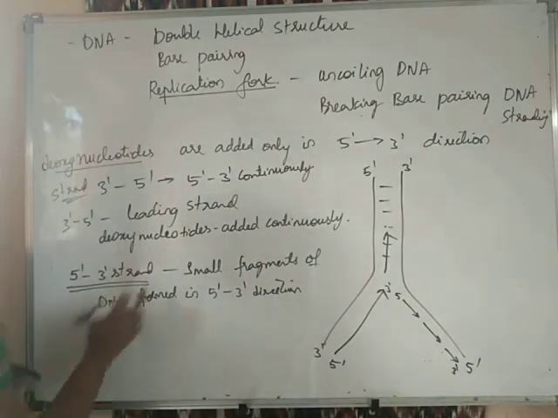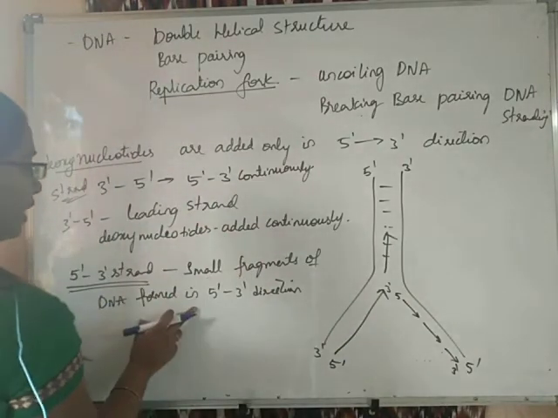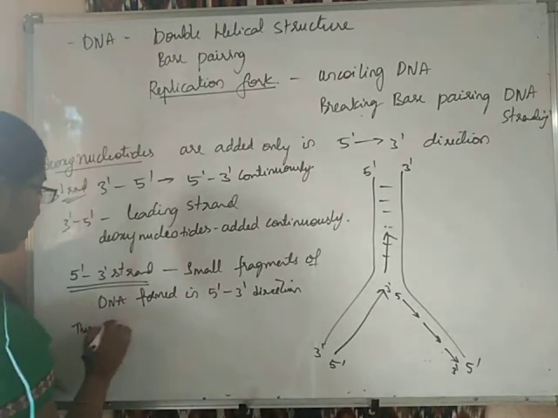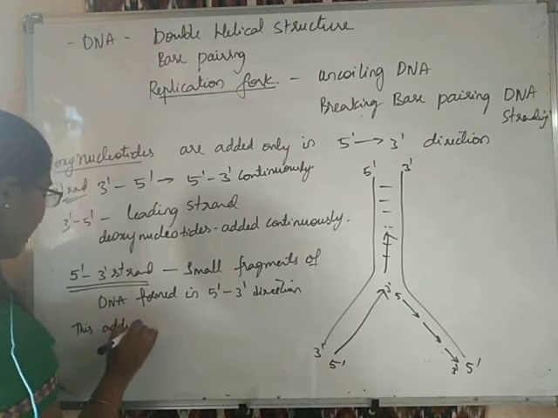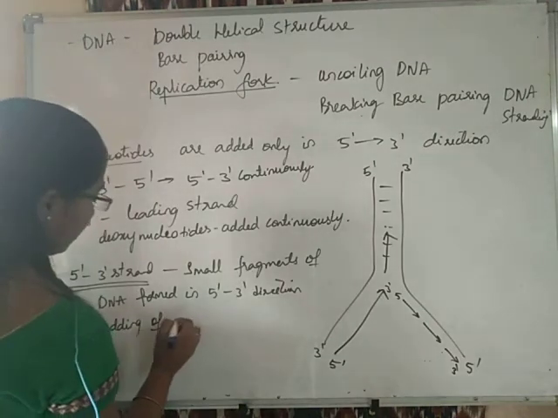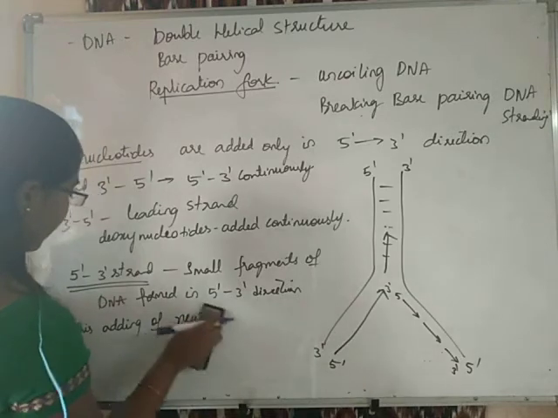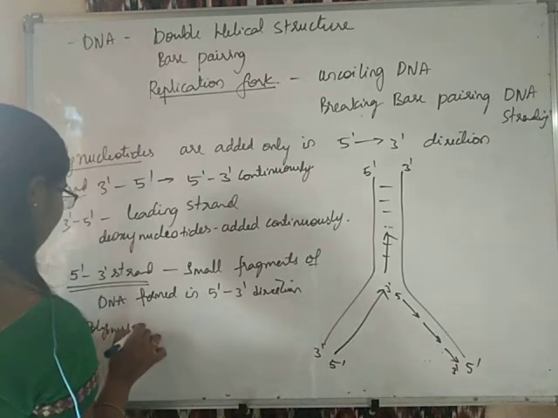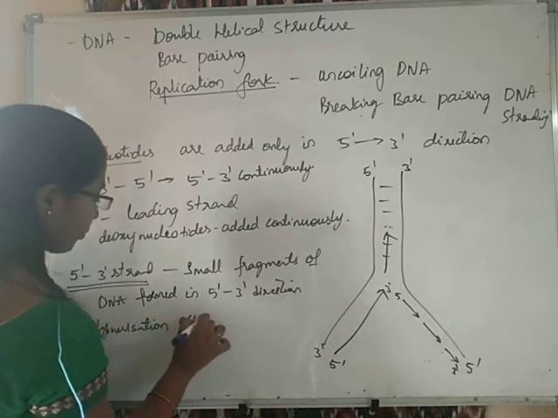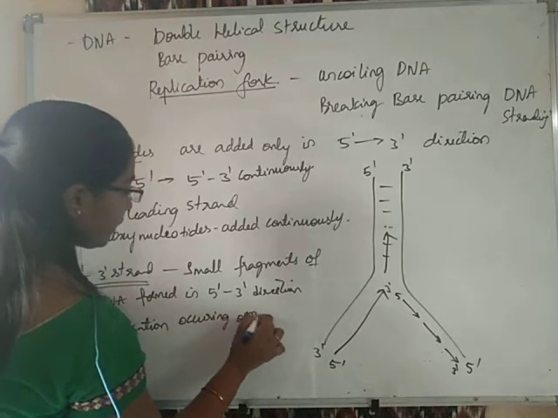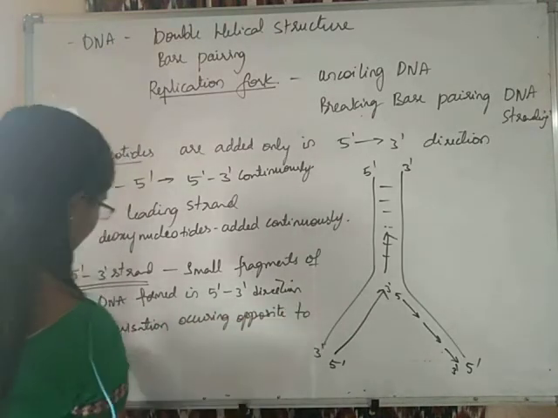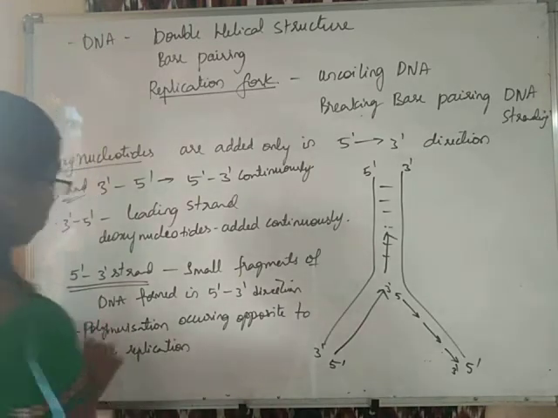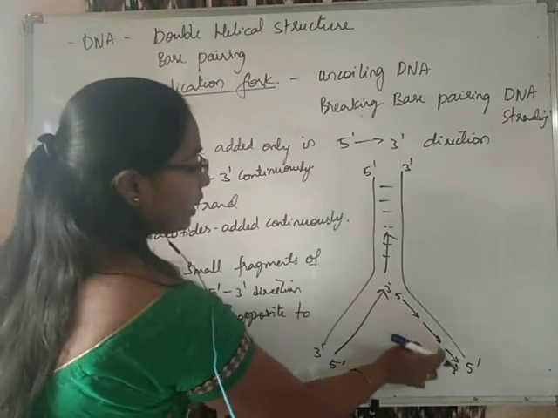Small fragments of DNA are added in the 5 to 3 direction, because this polymerization is occurring opposite to the replication fork, in which small fragments of DNA are formed.